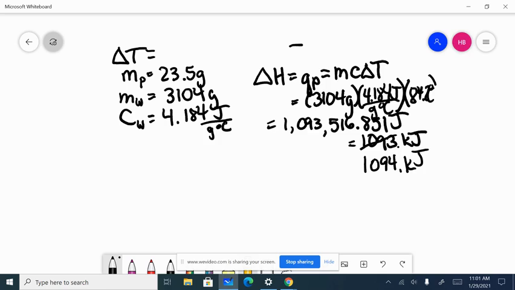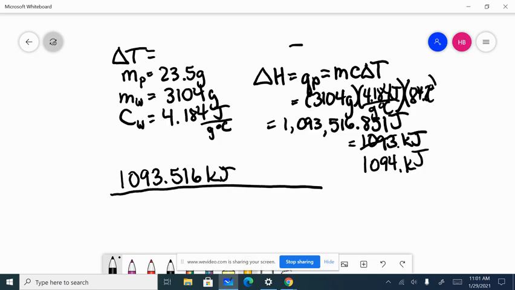So what if they asked us, which would be very likely, to find how many kilojoules per mole of propane, which is what we would use that mass of propane for. So I'm going to use my raw answer here. This is how many kilojoules I have. And I'm going to put that I have 23.5 grams of propane.